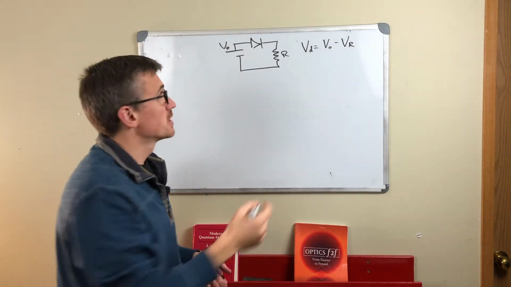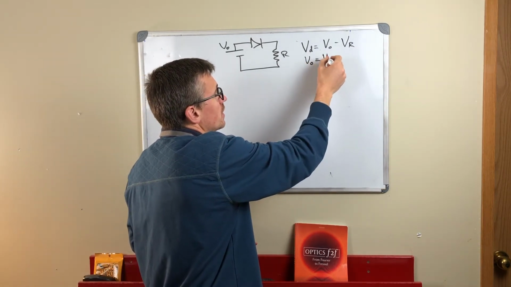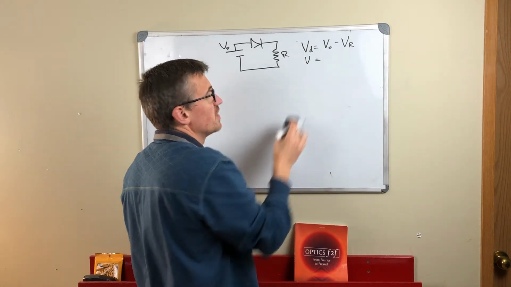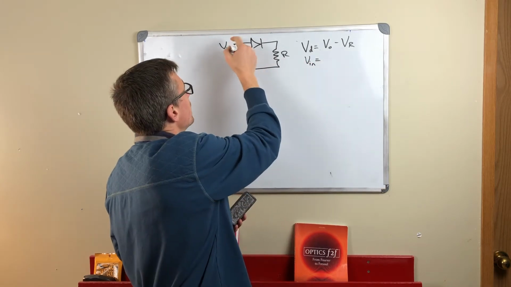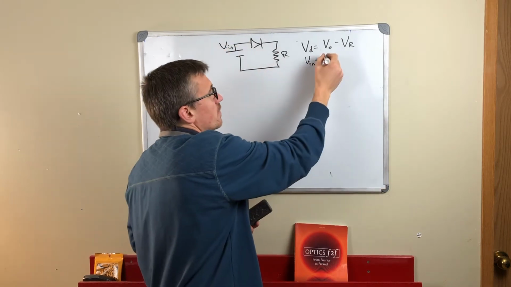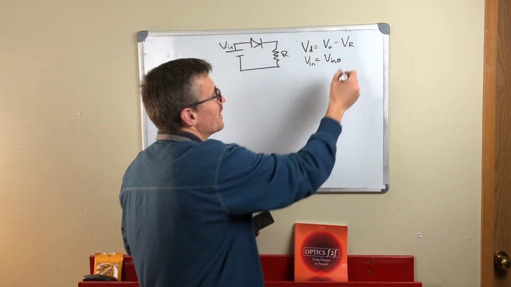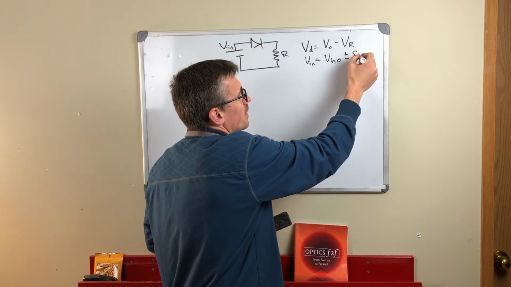And we make some measurements, and we find that V naught is equal to, or actually I'm going to call this V in. That might make things a bit easier. We'll call this V in. V in naught, that's why I call it V in, plus or minus delta V in.